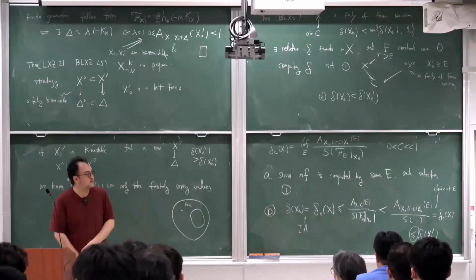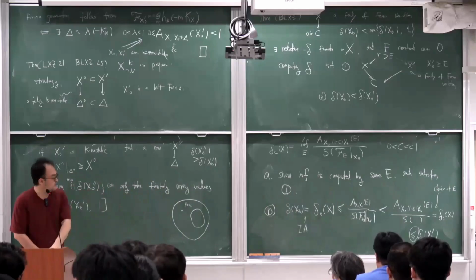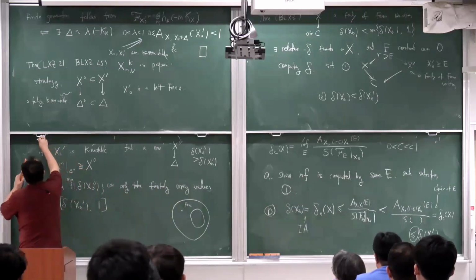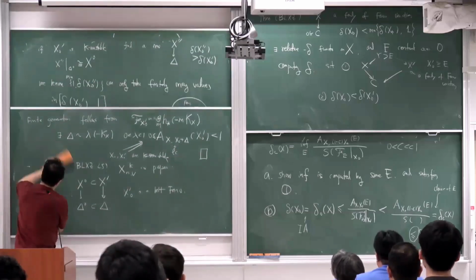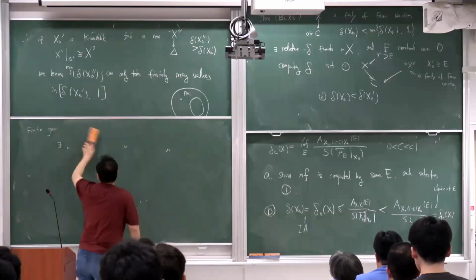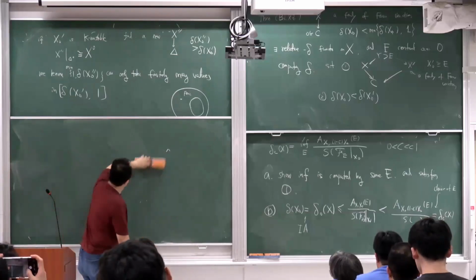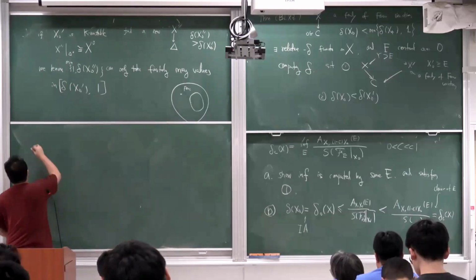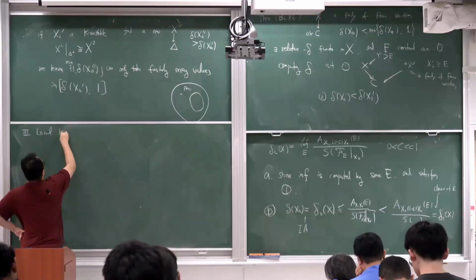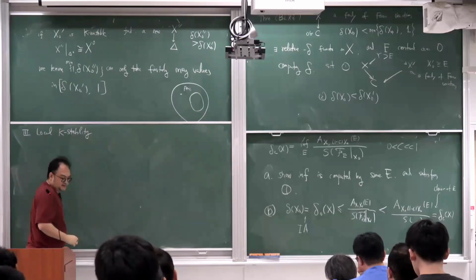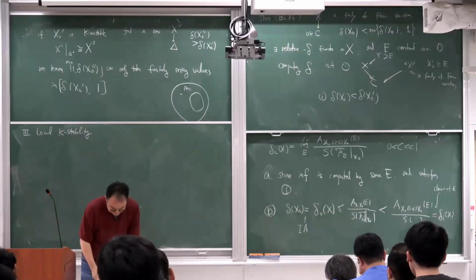In my last 30 minutes or so, I want to discuss a little bit about local stability theory. You already saw this from Princeton's lecture, the thing about normalized volume, that's what I want to discuss.